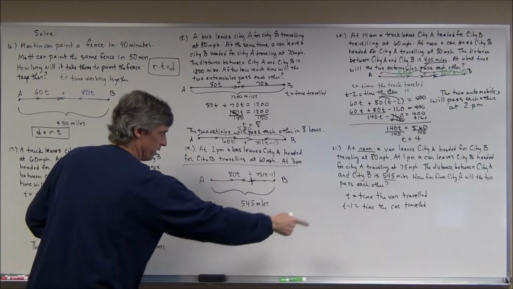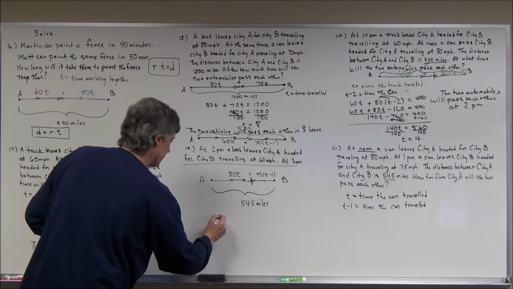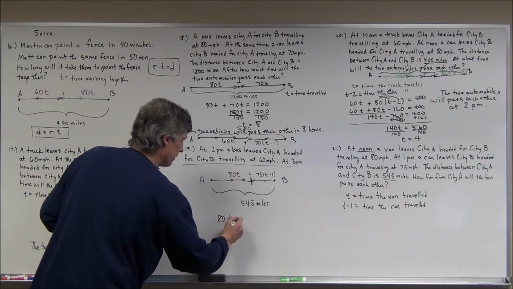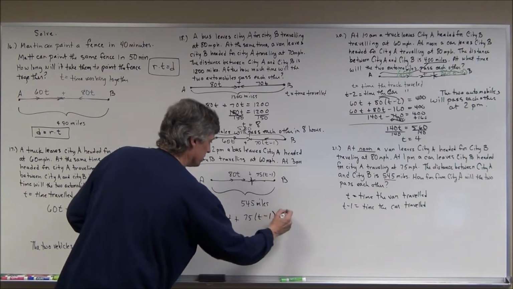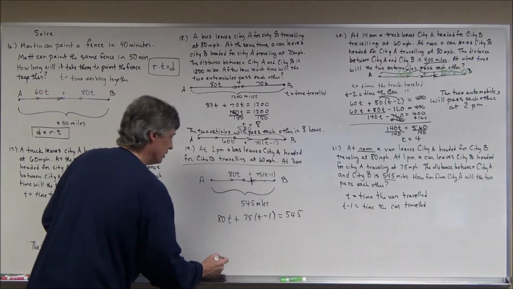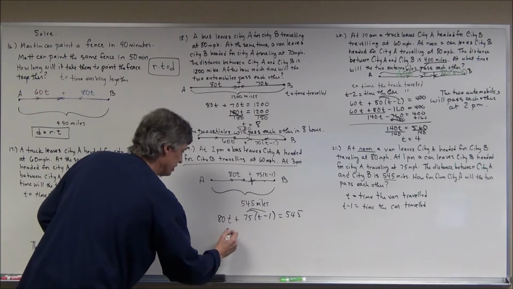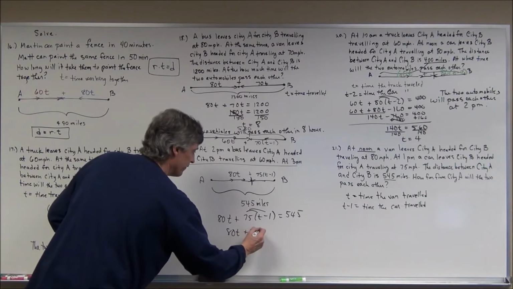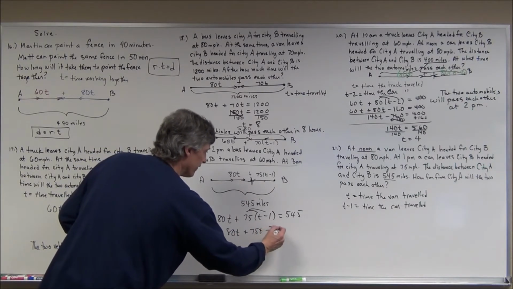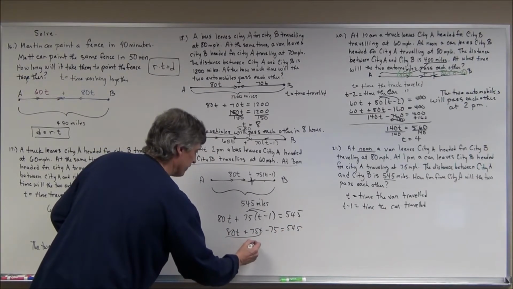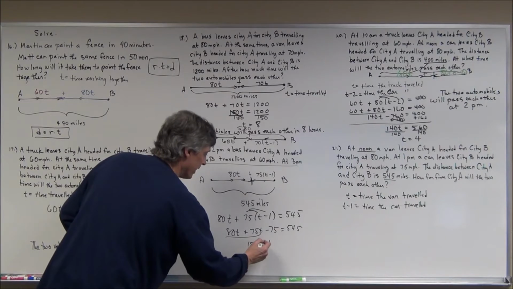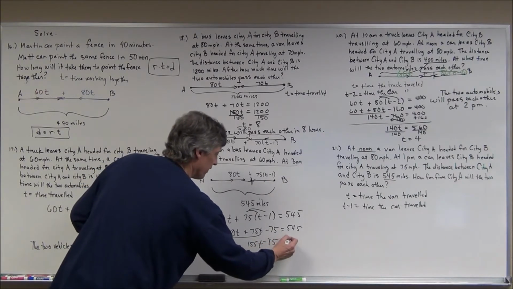So I'll put it down here. 80t plus 75 times t minus 1 is equal to a distance of 545 miles. I distribute: 80t plus 75t minus 75 is equal to 545. Combine like terms: 155t minus 75 is equal to 545.